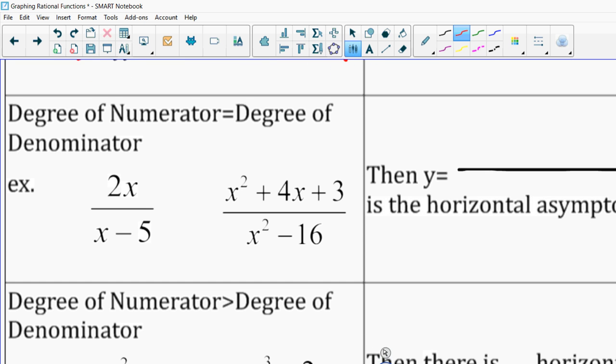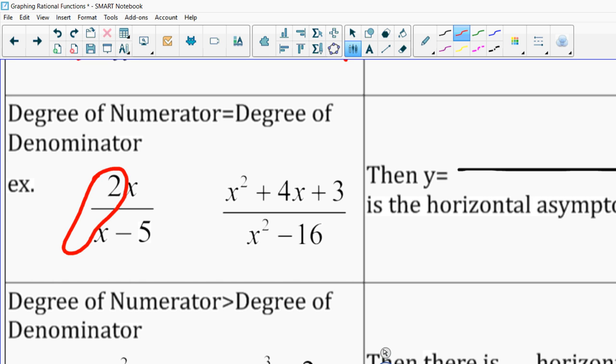When the degree of the numerator and the degree of the denominator are the same. What's the degree up here? 1. Degree down here? 1. What's the degree here? 2 and 2. When the degrees of the numerator and denominator are the same, then your horizontal asymptote is the coefficients of the leading terms.